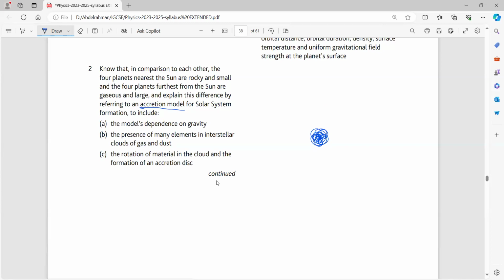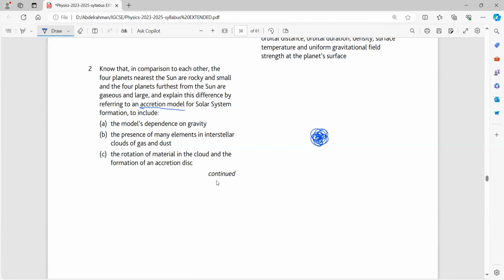This gas and dust and clouds started to attract each other. All of the atoms inside it started to attract towards each other due to what? Due to the gravity. When they started to attract due to the gravity, what happened? The pressure and temperature start to increase.